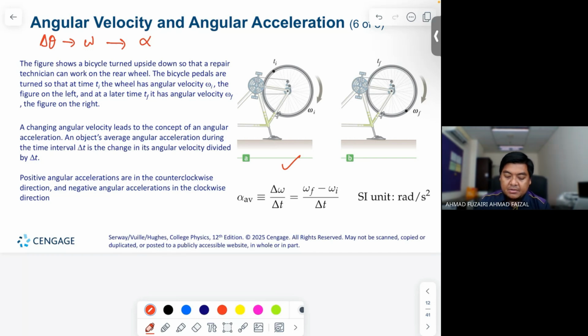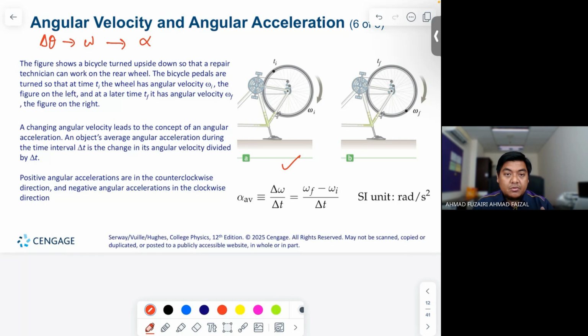Positive angular accelerations are in the counterclockwise direction. Remember, positive alpha is counterclockwise. Why? Because positive omega comes from a change in delta theta. When you want to find whether alpha is positive or negative, it depends on the motion.